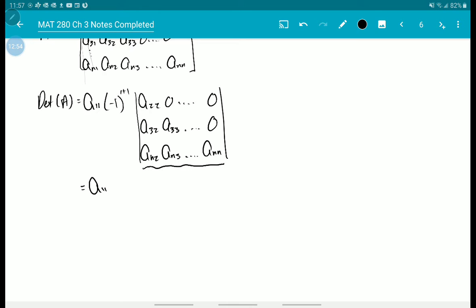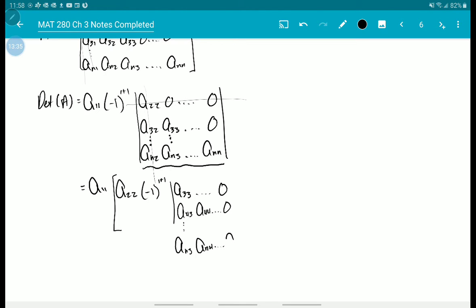And then we would have to find that determinant. Well, that determinant, we could go down that row again. So it would be a22 times negative 1 to the 1 plus 1. And then we would have a33, 0, all the way down to, let me put my dots back in here. The next one would be a43, a44, 0, all the way down to an3, an4 to ann.